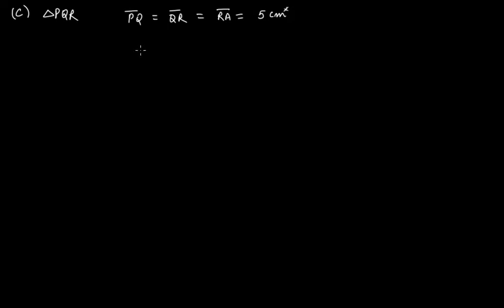Therefore, since all the three sides are equal, it satisfies the condition of an equilateral triangle. It's an equilateral triangle because the definition of an equilateral triangle says that if all the sides of any given triangle are equal, then that is an equilateral triangle.